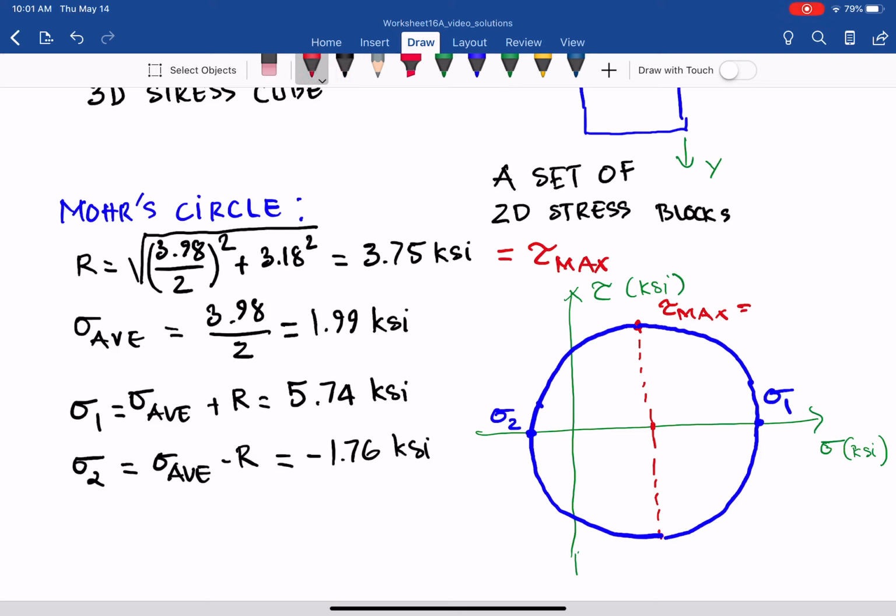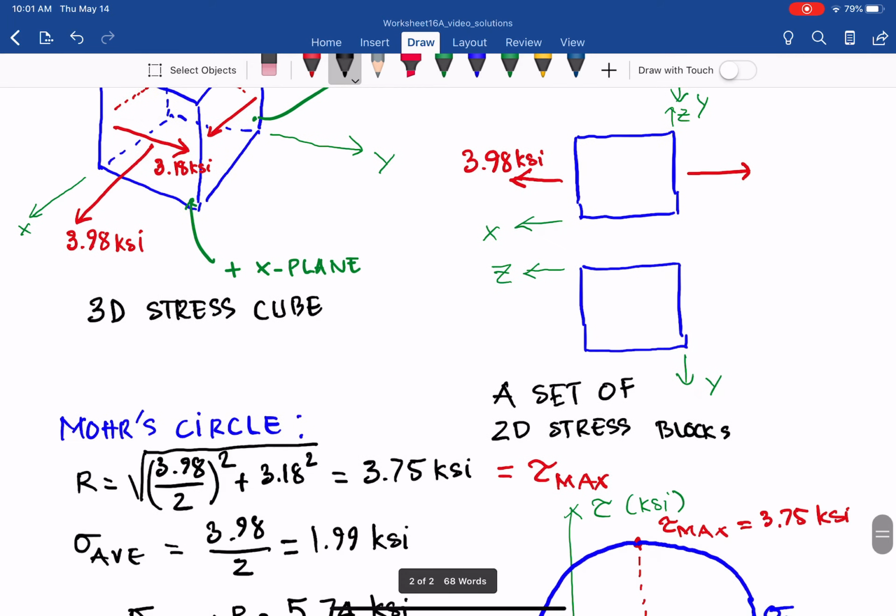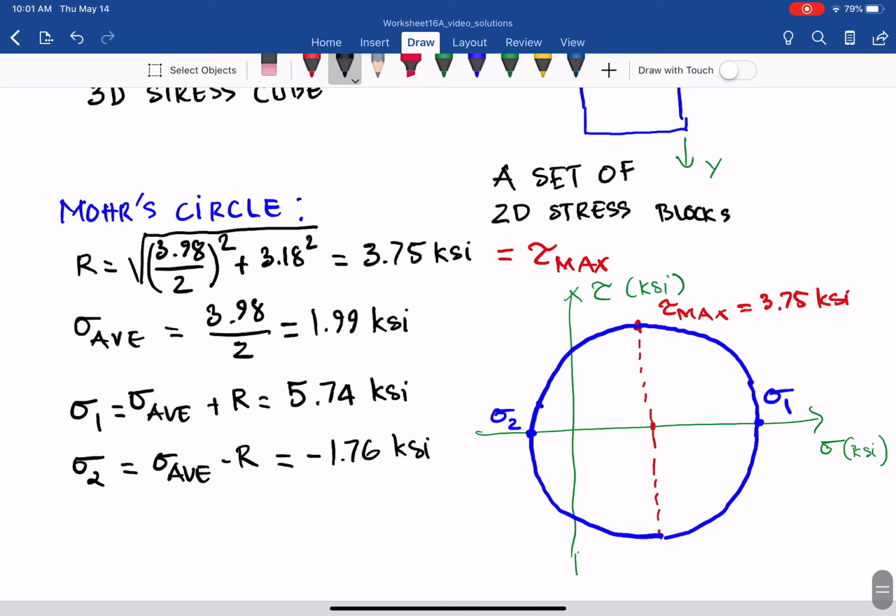Tau max here is 3.75 KSI. So that is the x plane, 3.98, and then negative 3.18 KSI.